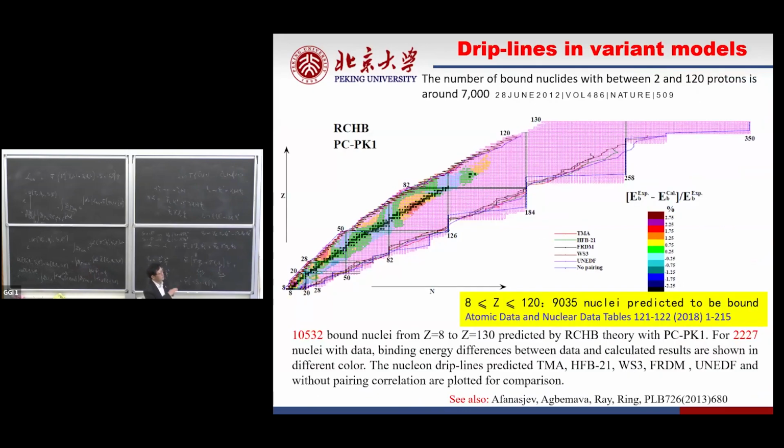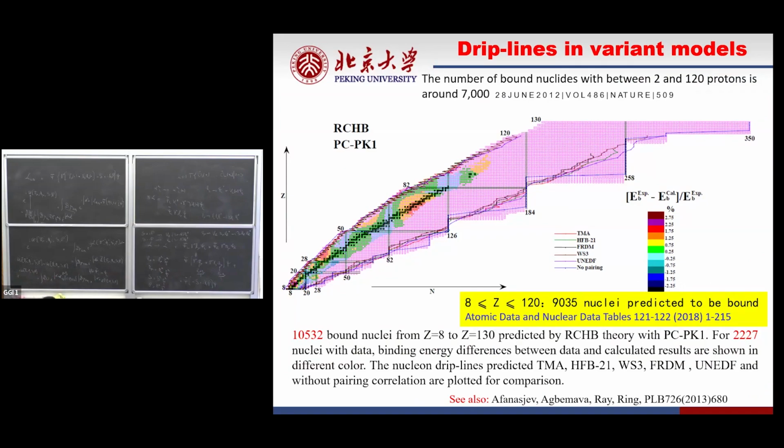Okay, we can also extend this game further. For example, we extended this calculation to the whole nuclear chart. Of course, in this calculation, we assume all these nuclei are spherical.